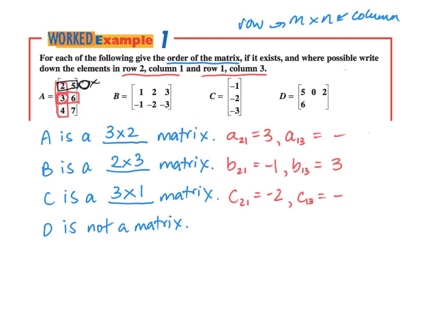That's going to be 3. Okay, for example C, row 2, column 1, yes, that's -2, and row 1, column 3, we can see here that row 1 does not have a column 3, so no answer for that one there. And with example D is not a matrix, so we don't need to continue on with that.